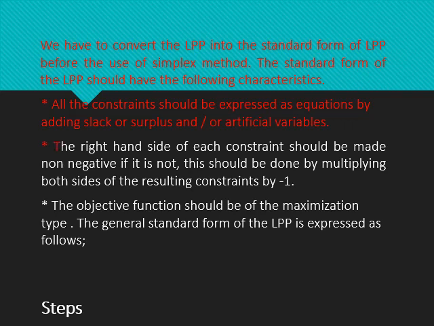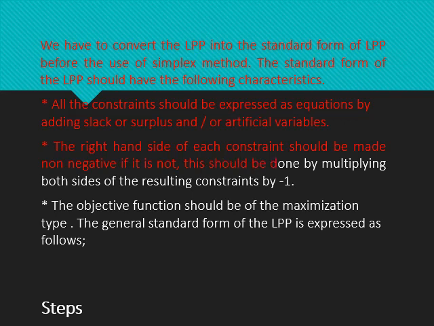The right hand side of each constraint should be made non-negative if it is not. This should be done by multiplying both sides of the resulting constraint by -1.